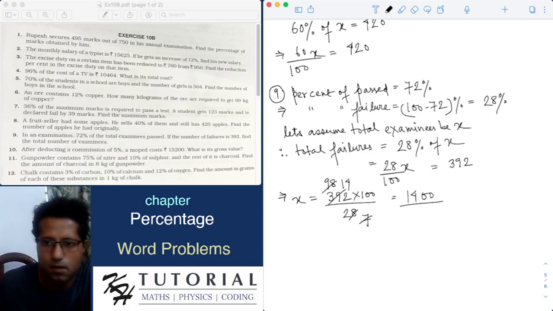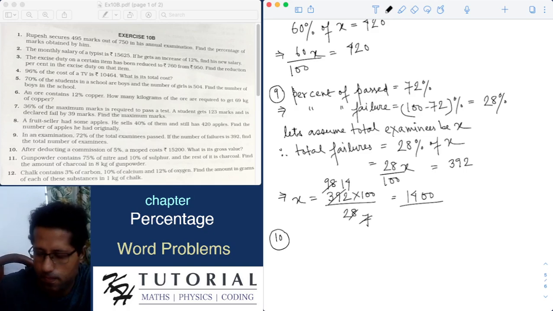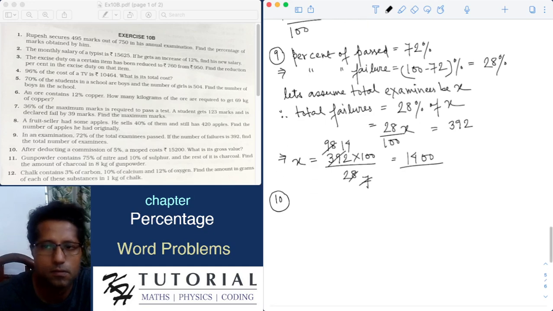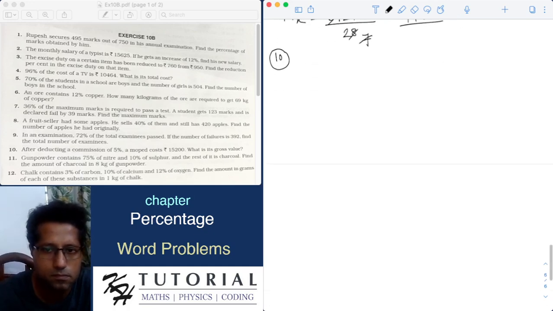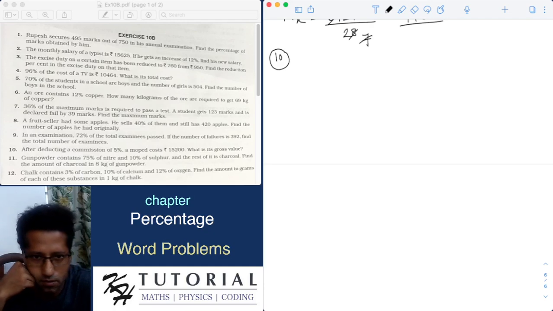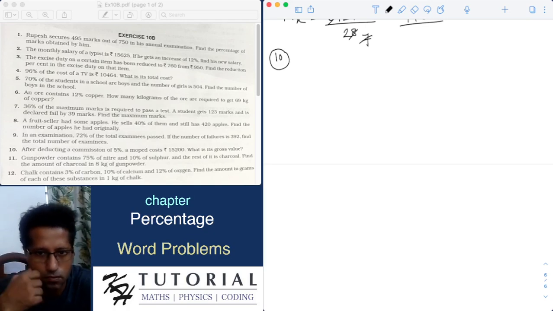Okay. Let's do problem number 10. After deducting a commission of 5%, a mocked costs rupees 15,200. What is its gross value?